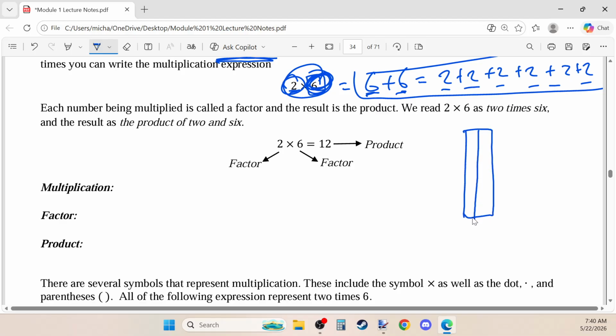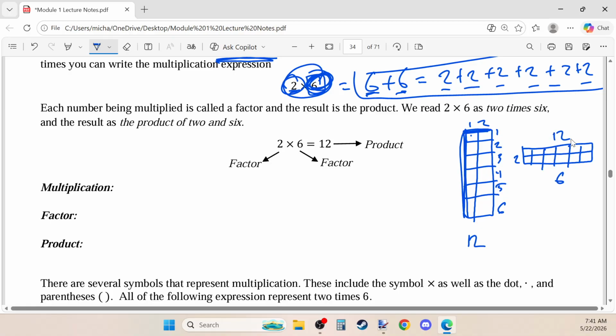So if I have 2 times 6, 1, 2, 3, 4, 5, 6, and 2, 1, 2. Notice that this rectangle I've drawn has 12 squares in it. And it doesn't matter if I look at it as 2 is how far left and right I am, and 6 is how far up and down I am, or if I draw it this way, this is still 2 by 6.